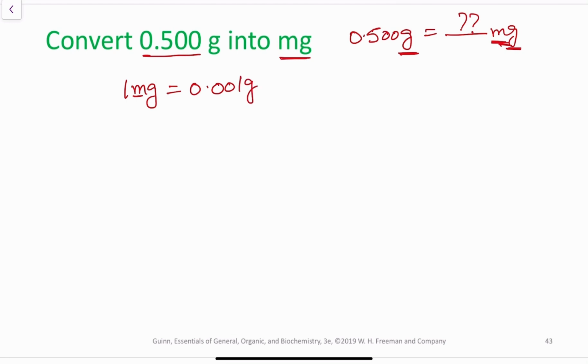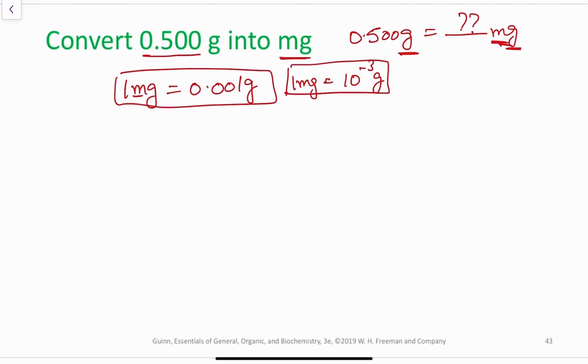Or I can say 1 milligram is equal to 10 to the power negative 3 gram. Both are the same. I would use 1 milligram equal to 10 to the power negative 3 gram, because that will be really helpful in my calculation. But you can also use 1 milligram equal to 0.001 gram.